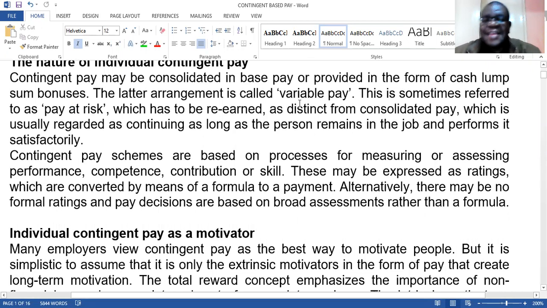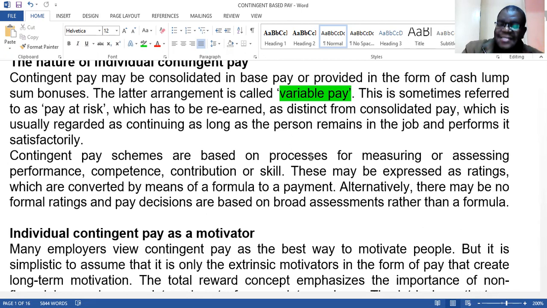So the nature of individual contingent-based pay is that we are looking at aspects of remuneration that primarily are variable. They will change from time to time, depending on changes in these dynamics: contribution, performance, competence, etc.